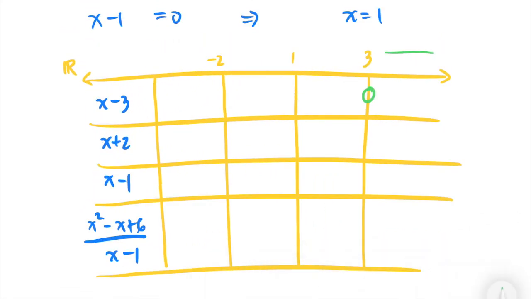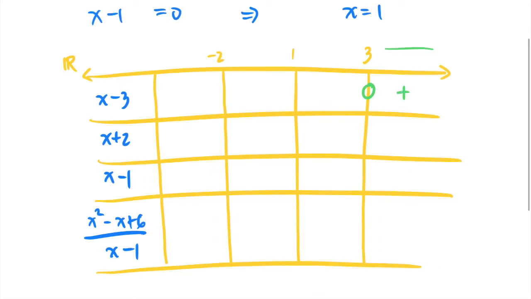For the numbers to the right of 3, for example, 4, 5, 6, or whatever number is found on the right side of 3, when we evaluate x minus 3, that gives us a positive value. And for the numbers on the left of 3, for example, 1, negative 2, the factor x minus 3 simplifies to negative values.